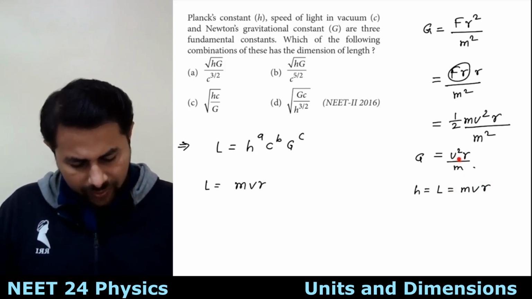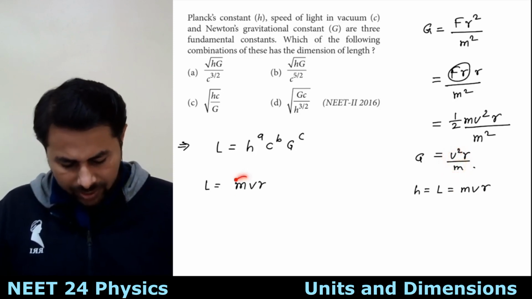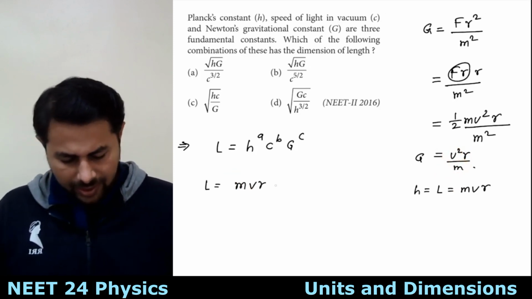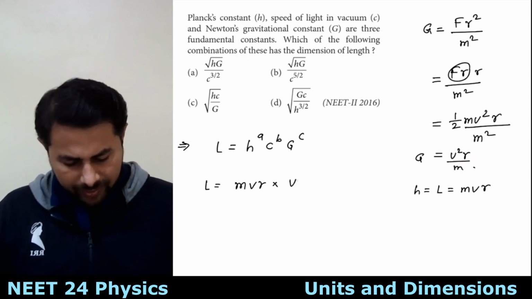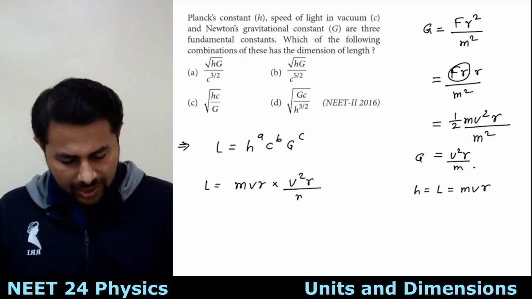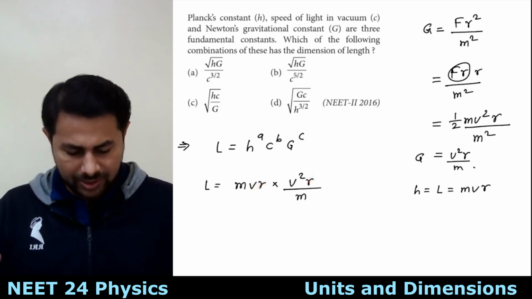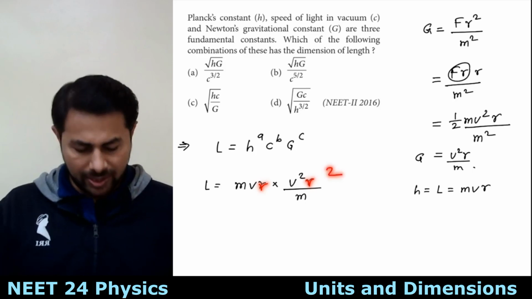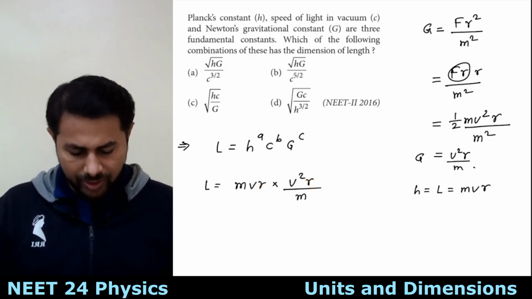So then I have v square r by m, and I also want to cancel out m, right? So what I will do is multiply mvr with this thing, v square r by m. I don't have any problem with r because it will just add up, its square will be there. Then we can just take the square root if we want.